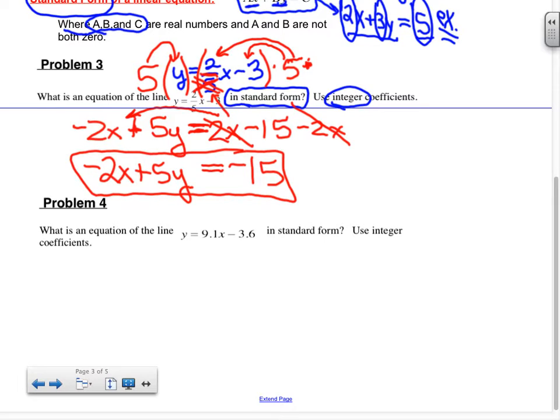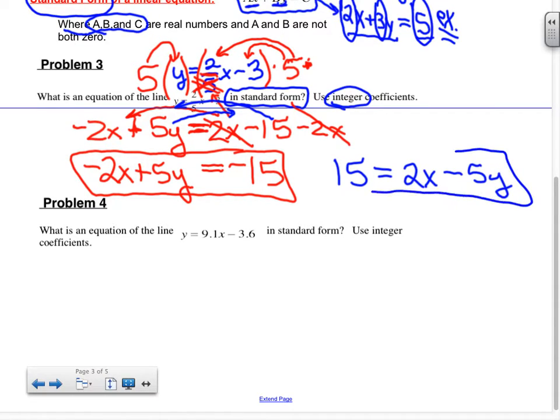There is another version of the answer. What if I had left the 2x here on the right side, moved this over, and moved the 15 over? I'm not going to show all my work on that, but really all it amounts to is the 15 would be positive, the x term is 2x, and the 5y becomes minus 5y.